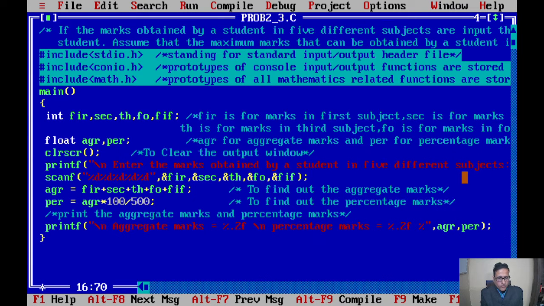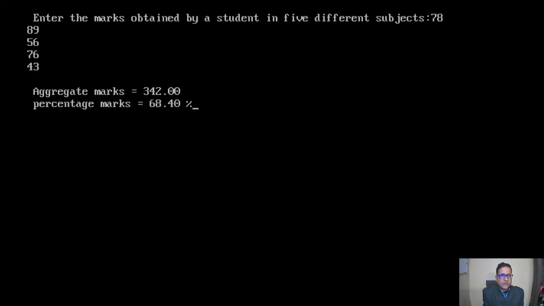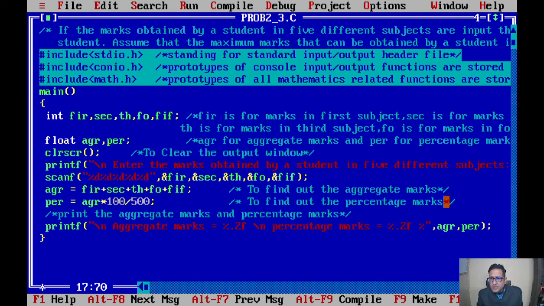For output we have to press Alt F5. So here we can find the aggregate marks and percentage marks. I also put the percentage symbol in the program so that it will be displayed here as a unit.